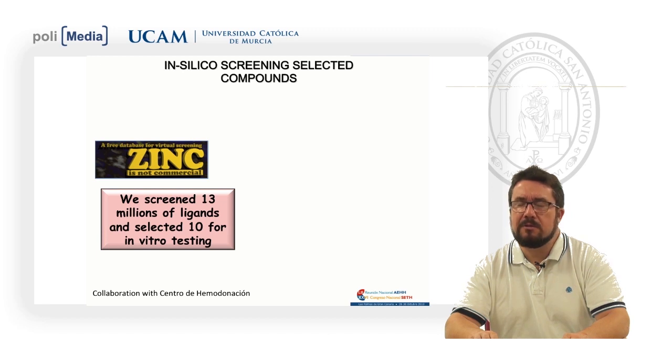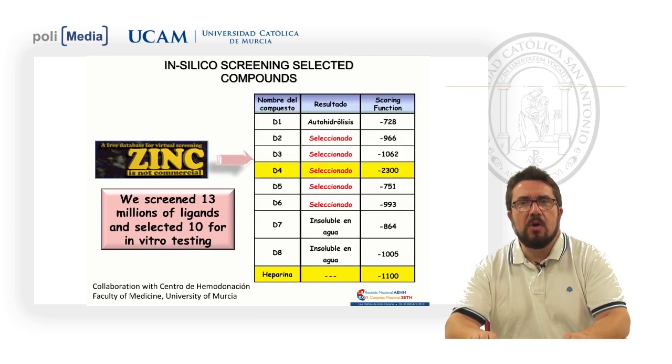We didn't want to focus on the structure of heparin, so it was a totally blind screening, and at the end we selected 10 compounds for testing them in the lab, and our criteria was to find compounds that had a score of the same order of magnitude as heparin.